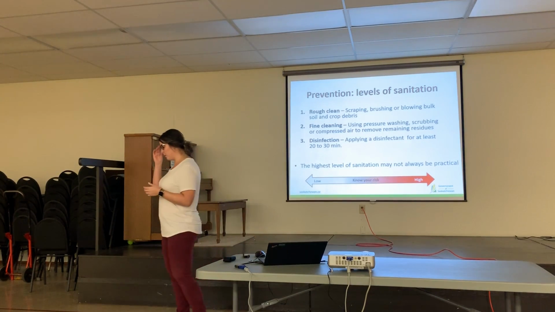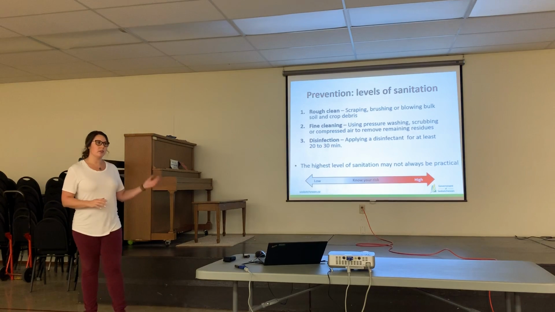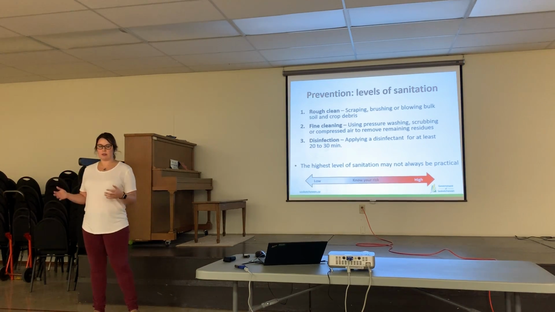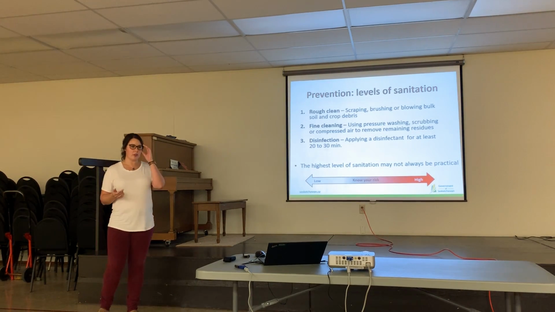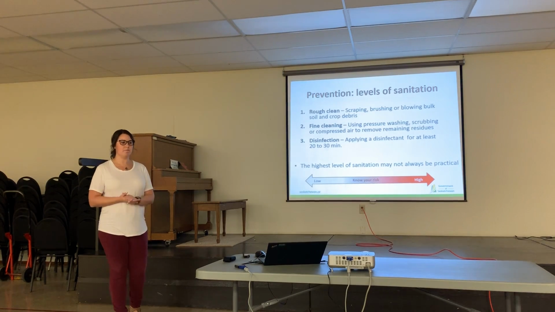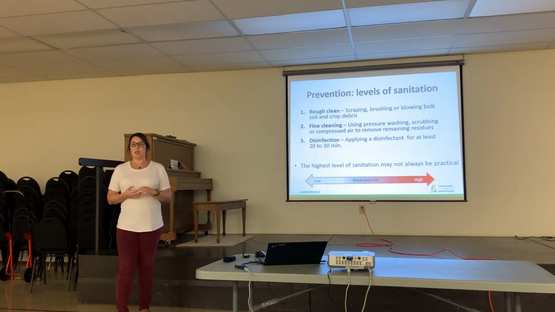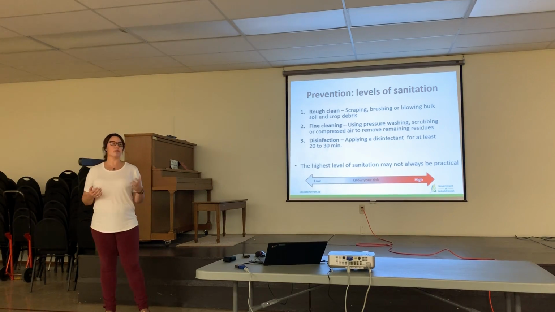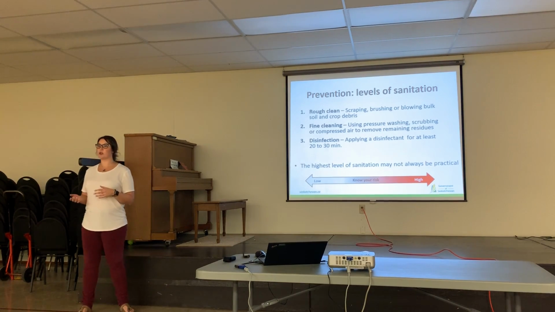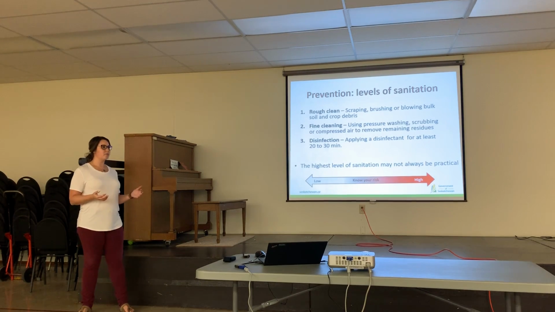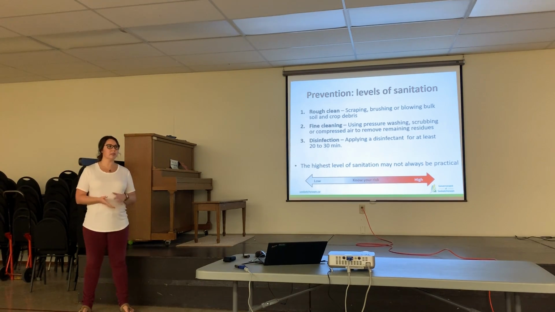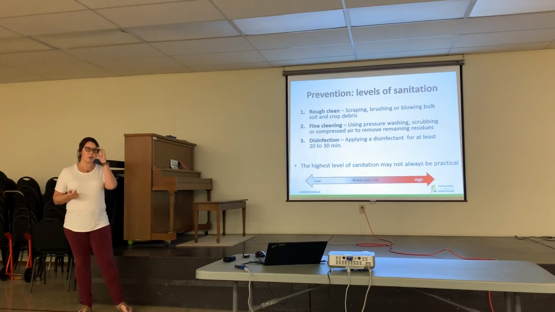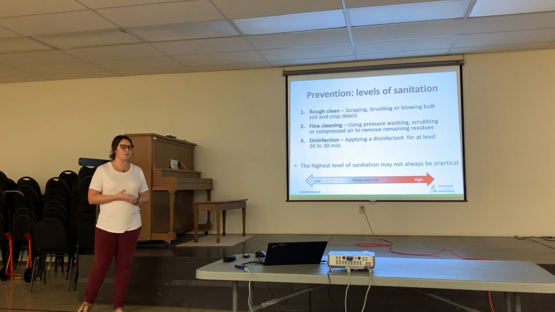And when we talk about limiting soil movement, that's when we start talking about prevention, when we really get into the biosecurity conversation, and we talk about sanitation. Now we have 3 main levels of sanitation that we talk about. A rough clean, so scraping, brushing, or blowing crop debris or soil off of equipment. Fine cleaning, using that pressure washer or compressed air to remove anything else.